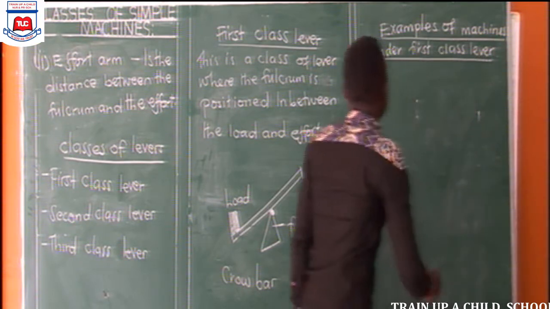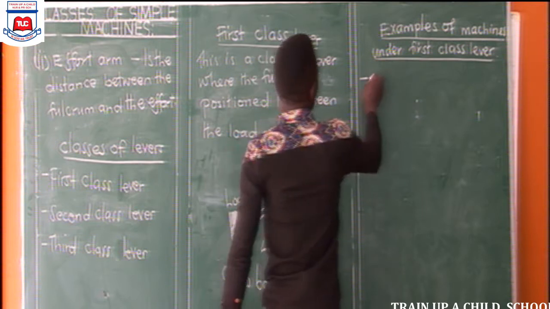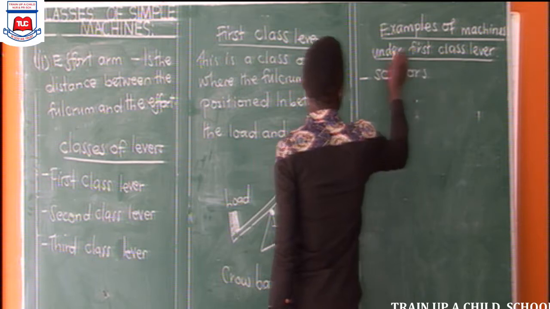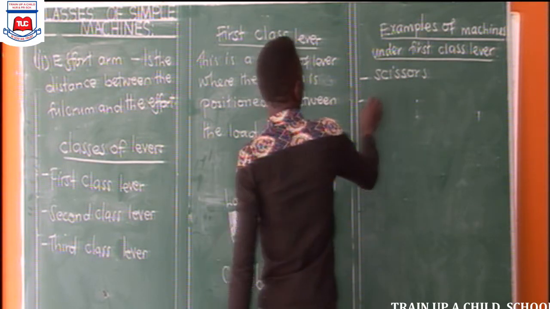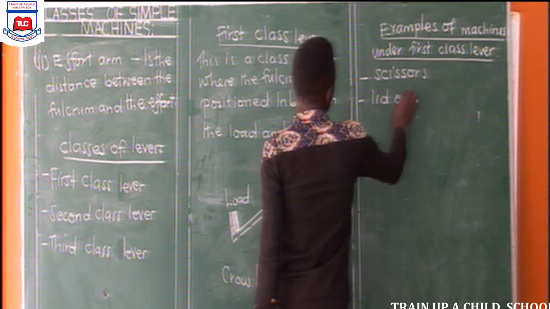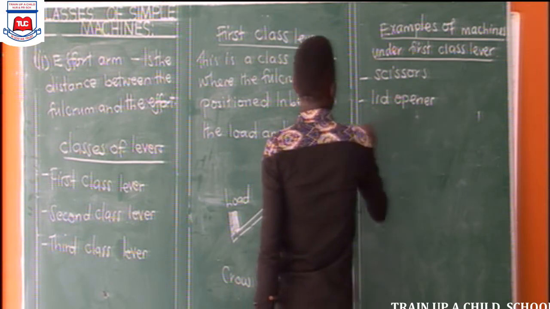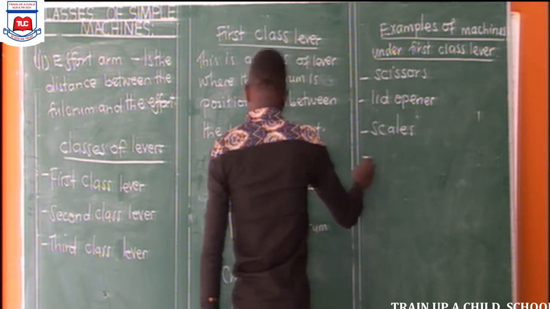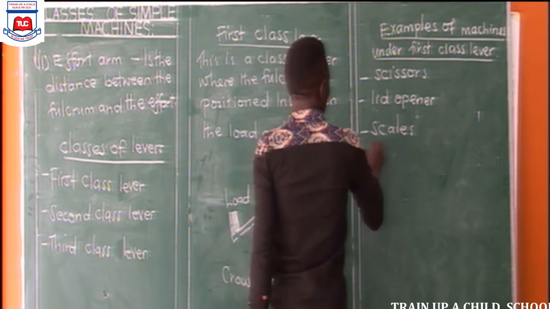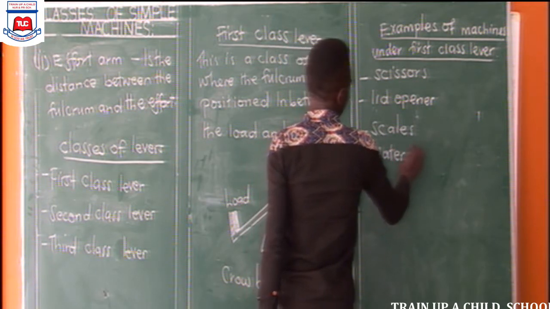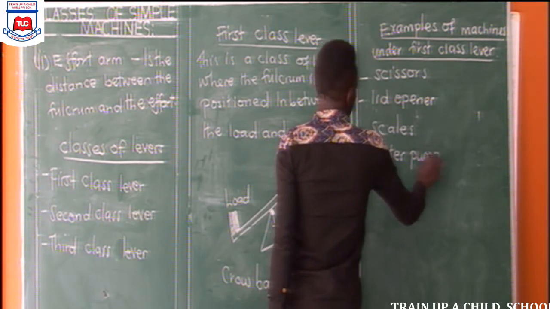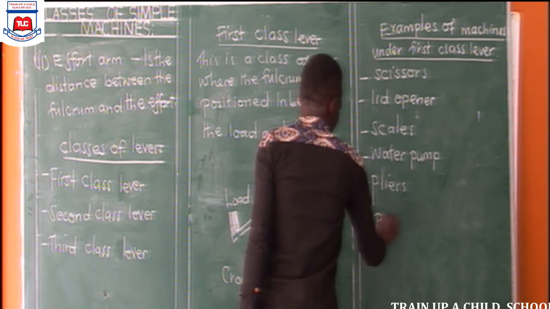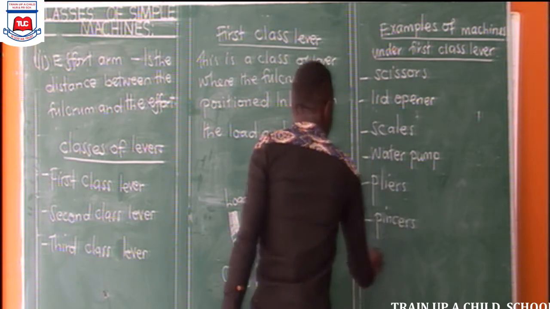Here, we shall have scissors, a lid opener, scales or weighing scales, not forgetting a water pump. We shall have pliers, pincers, not forgetting the claw hammer.